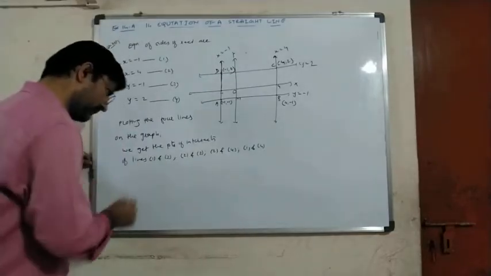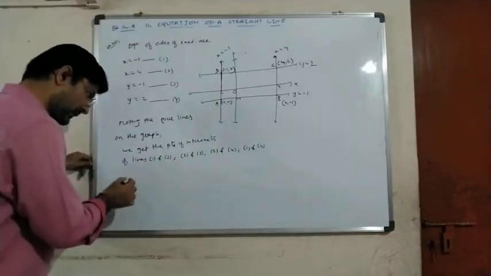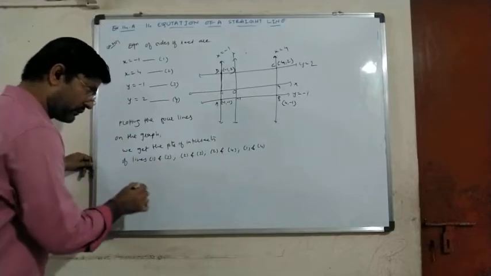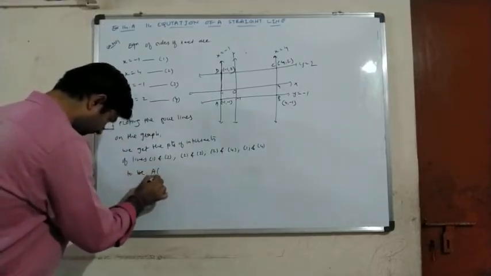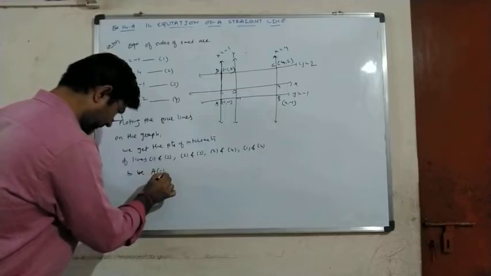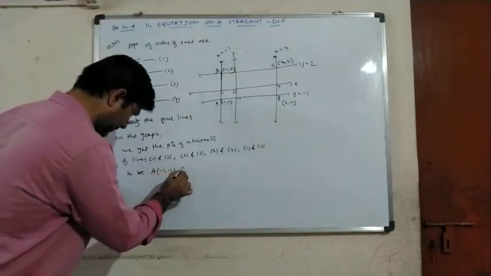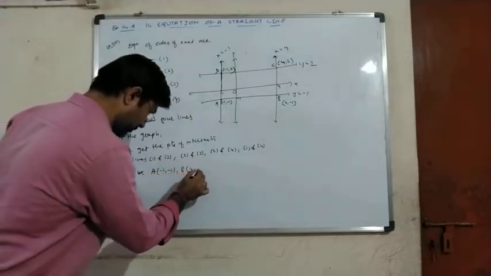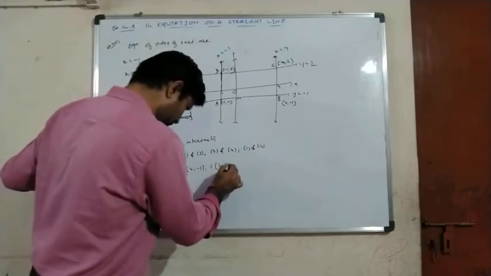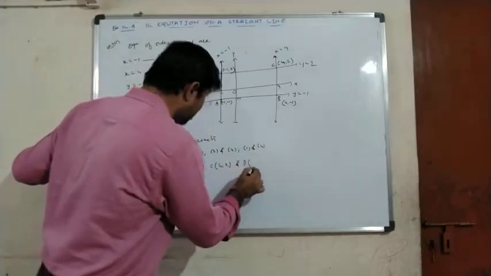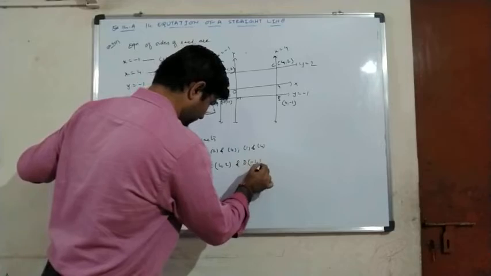So the points of intersection of lines 1 and 3, 2 and 3, 2 and 4, and 1 and 4 are A minus 1 comma minus 1, B 4 comma minus 1, C 4 comma 2, and D minus 1 comma 2.